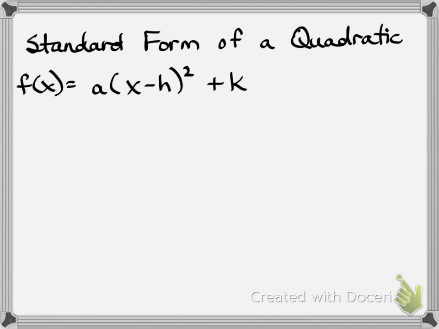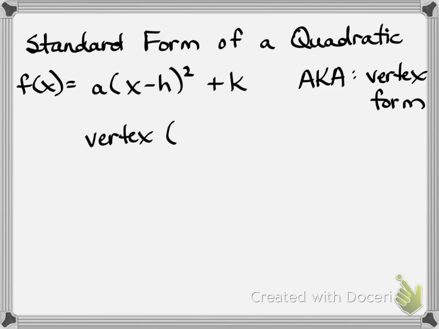This is the standard form of a quadratic. I will often call it the vertex form because from this form you can get your vertex, which is your h comma k. And it's just sitting right here.